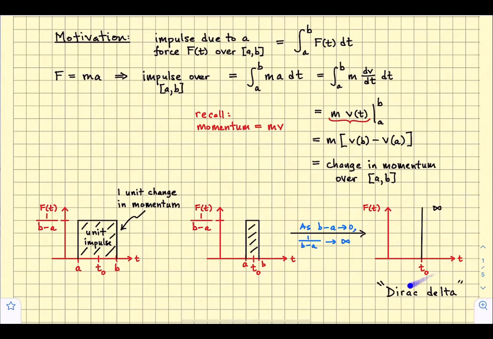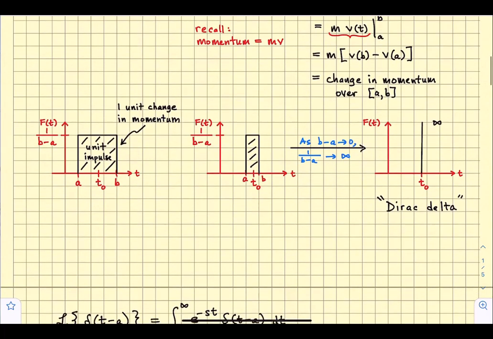So this is the motivation for a Dirac delta. Just think of it as a limit of playing this game with these unit impulses, as the time interval over which the force is applied goes to 0 but never actually reaches 0.